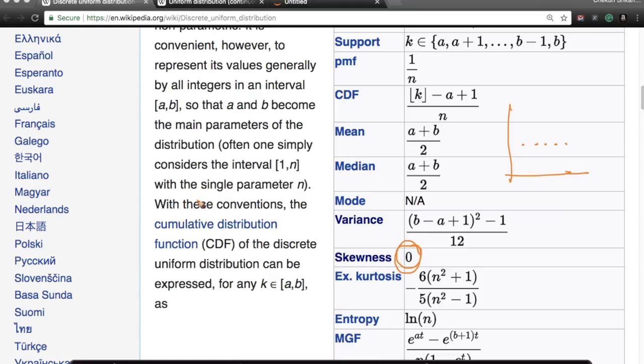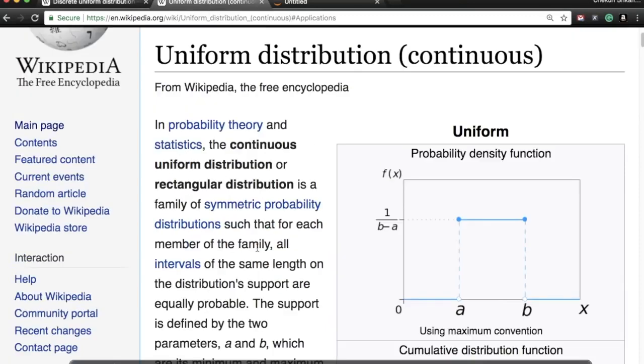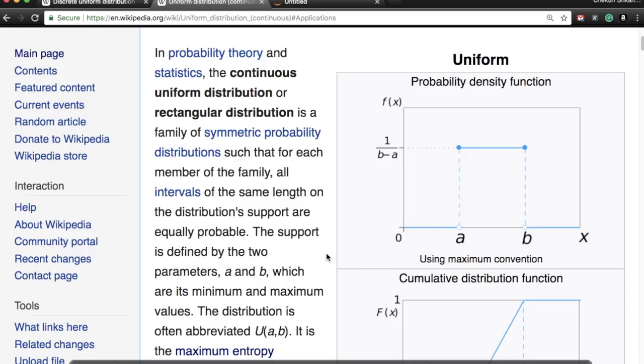Now let's jump in and see what a continuous uniform distribution looks like, because that makes for a much simpler explanation. Imagine I have, again, the parameters a and b, just like the previous case, for a uniform random variable. Here, remember, it's written probability density function.